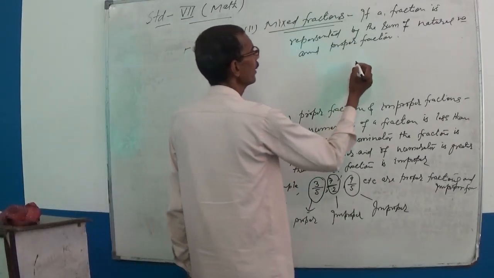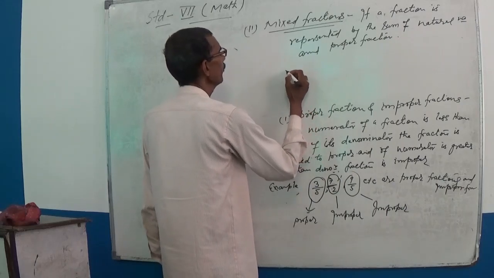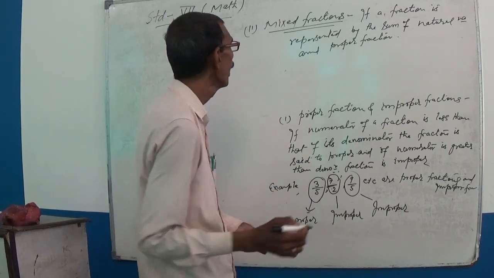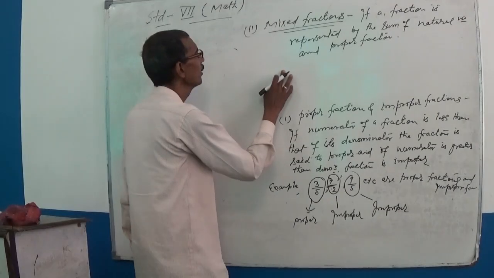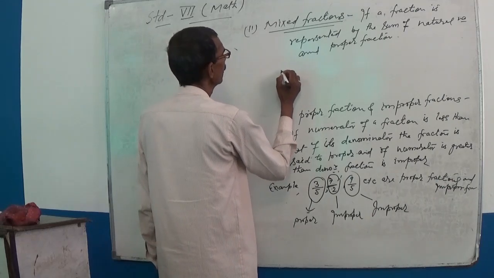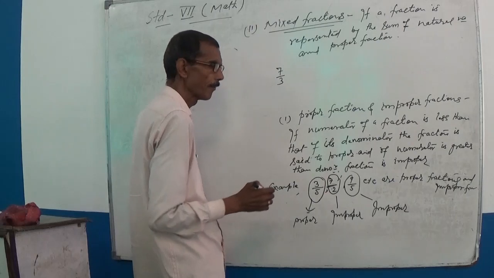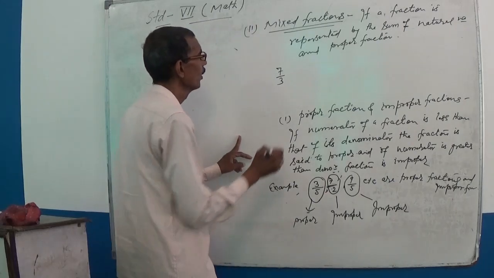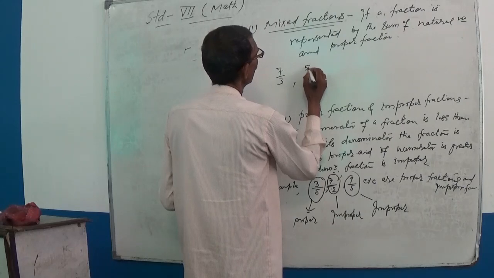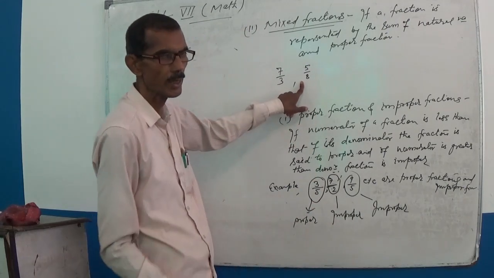Here you can take an example which can be reduced to a mixed fraction. Suppose 7 by 3 and 5 by 8. These two fractions are given.